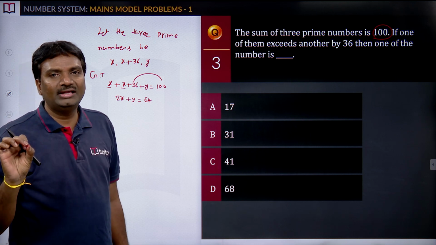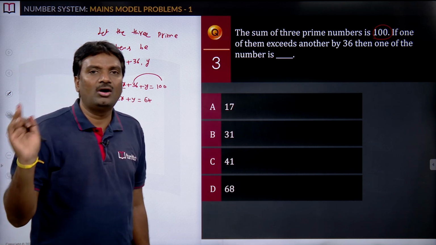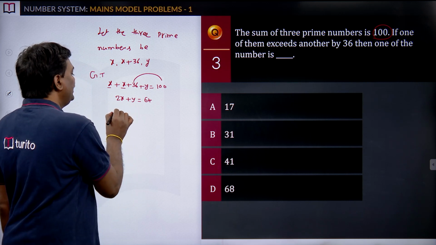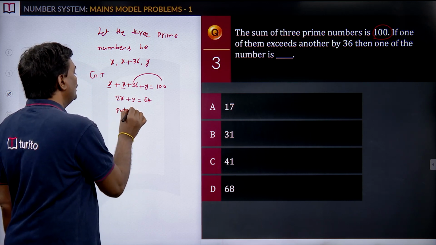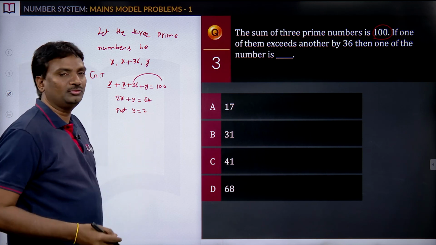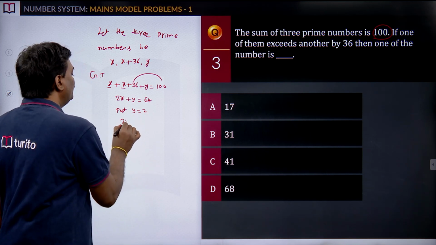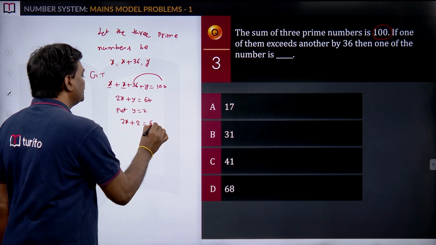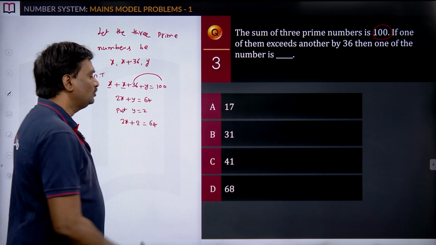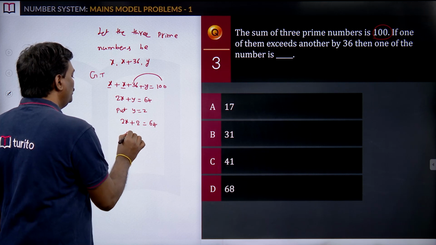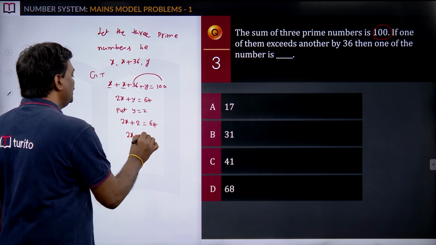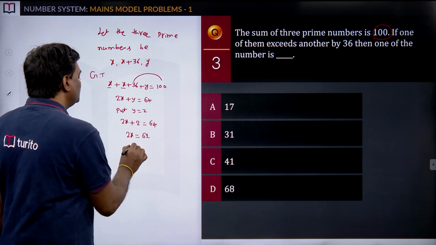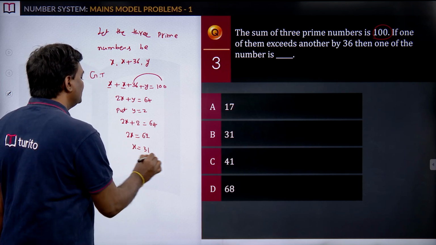Only 2 is the even prime number, the remaining prime numbers are all odd. So, if y equals 2, then what will you get? 2x plus 2 equal to 64. If we take 2 to that side, 2x equal to 64 minus 2, 62. By dividing both sides by 2, you will get 31.